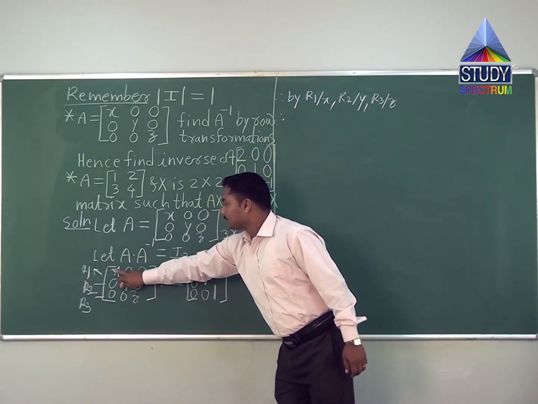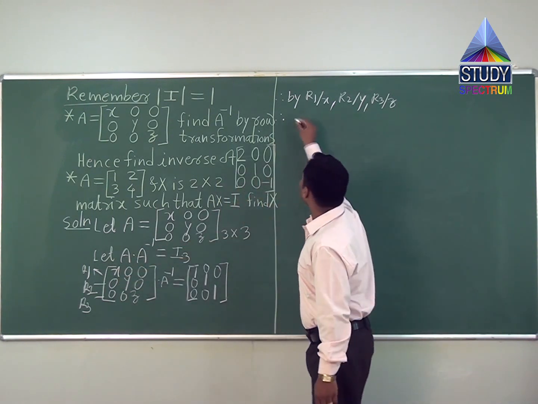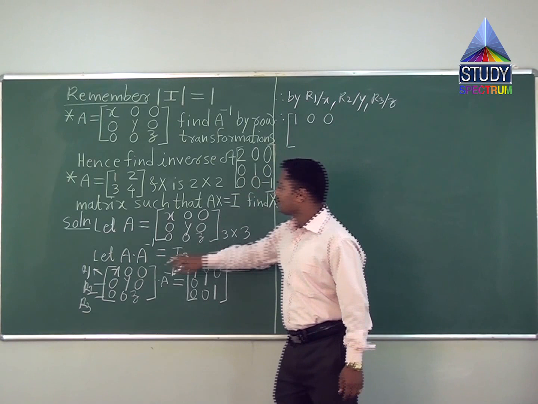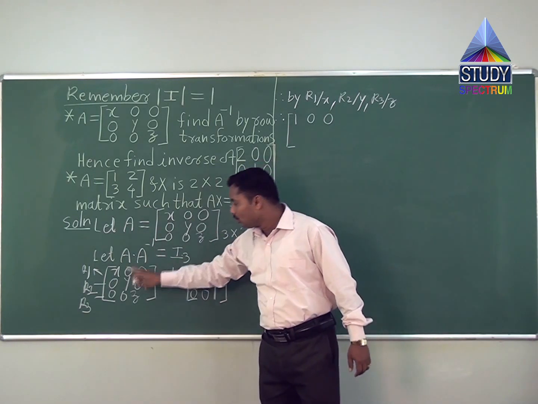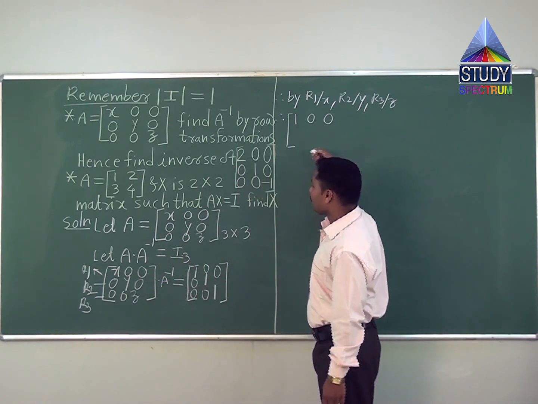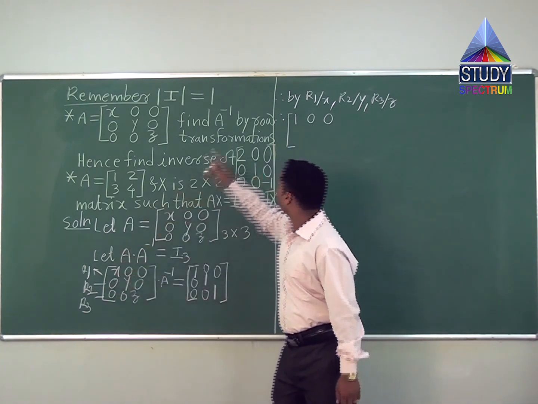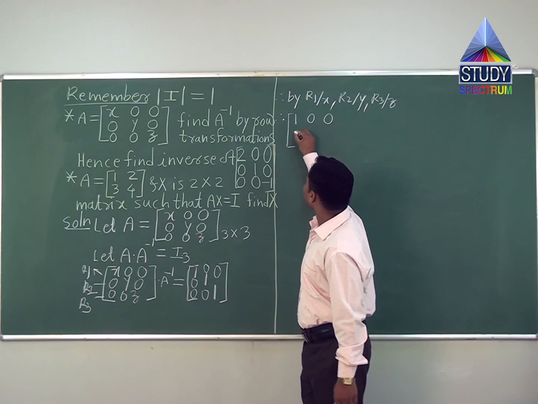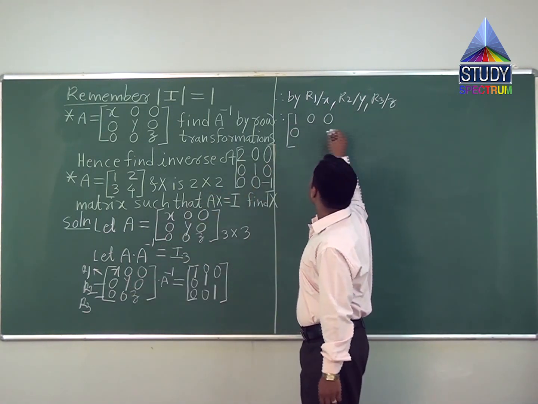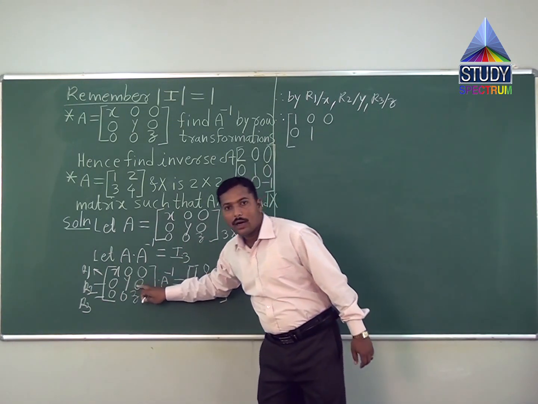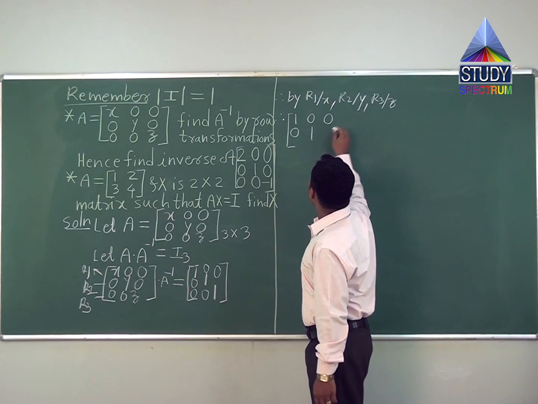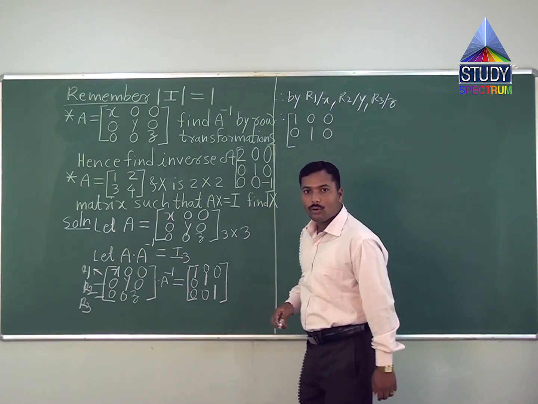So x upon x means 1. The first row is 1 0 0, because 0 upon x is 0, and 0 upon x again is 0. Second row: 0 upon y is 0, y upon y is 1, and 0 upon y is 0.